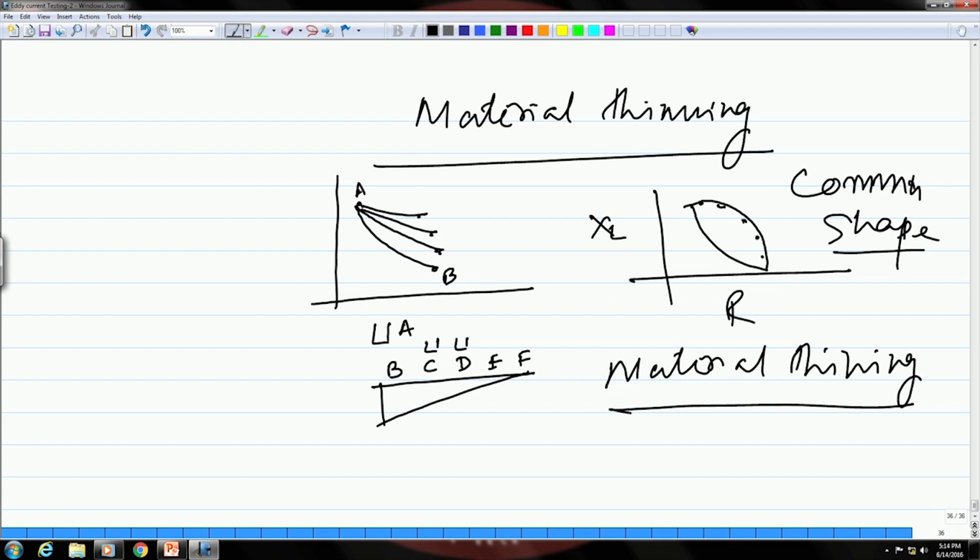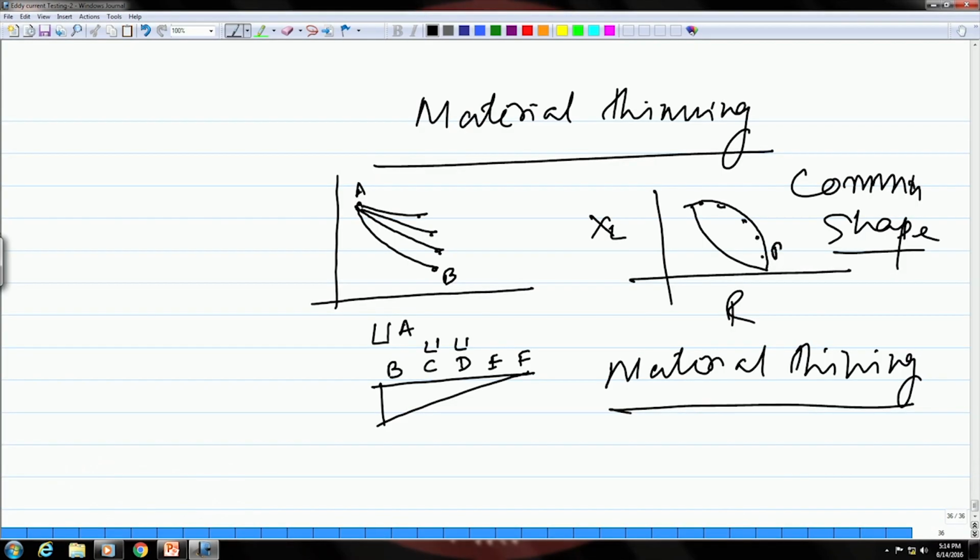And when you connect the endpoints of all these lift off curves, you will see this comma shaped curve like this, and this will indicate the material thinning. So, this is how this particular technique can also be used to indicate material thinning in a given part.